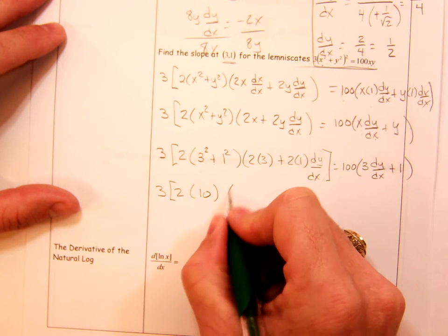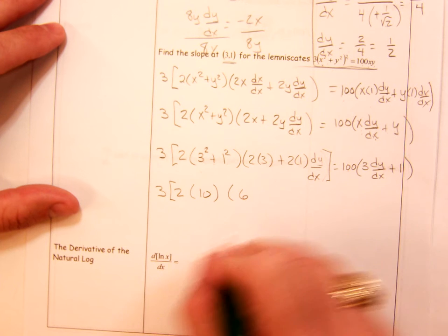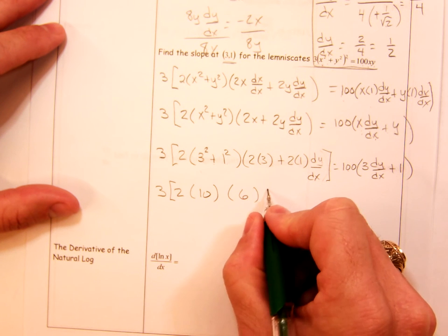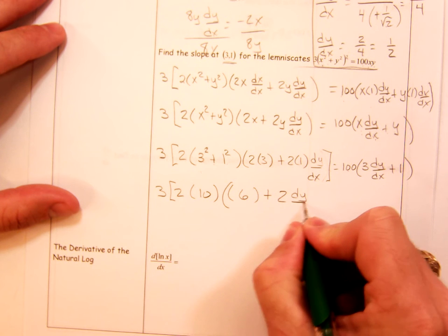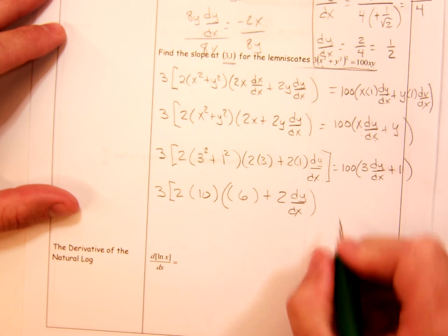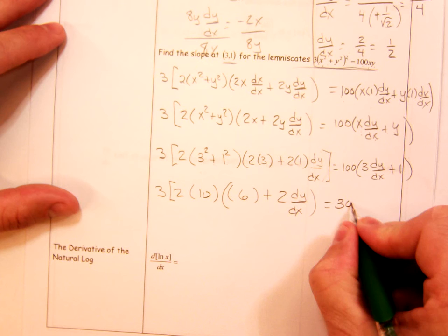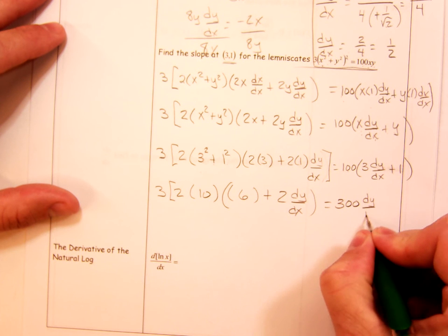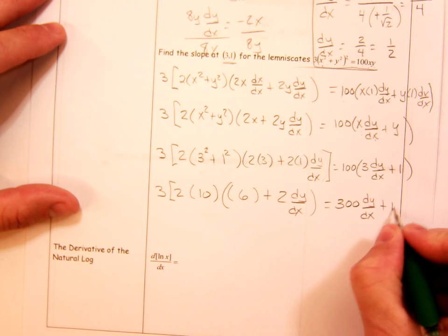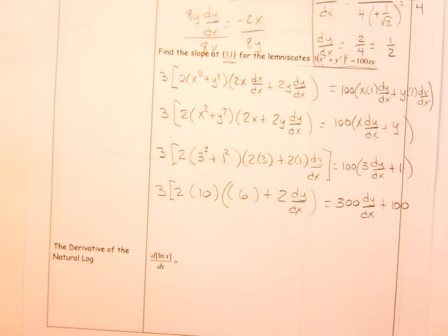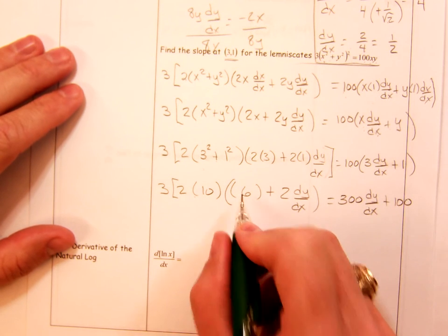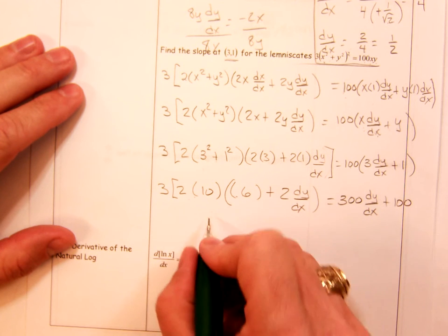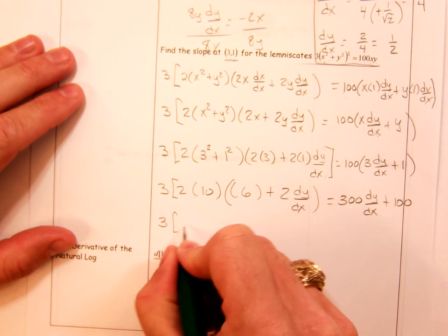Times 6 plus 2 dy/dx, be careful on your parentheses, is equal to 300 dy/dx plus 100. 20 times 6 is what? 120.